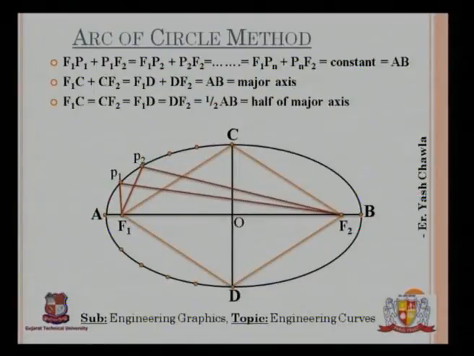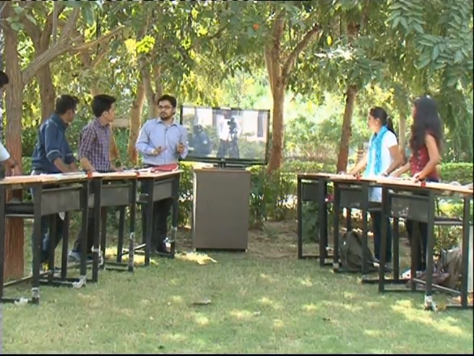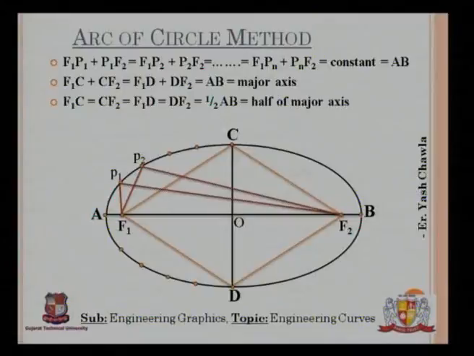And then last, F1C is equal to CF2 is equal to F1D is equal to DF2, which will be exactly half of the major axis. Okay. When these conditions stand true, that is the time when we can say okay, we are implementing the arc of circle method.